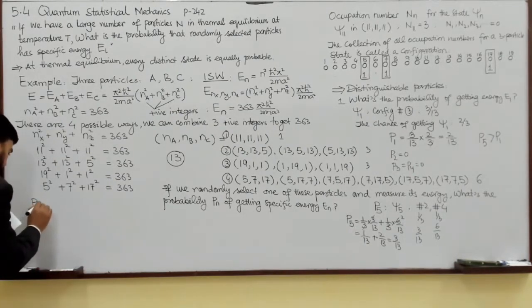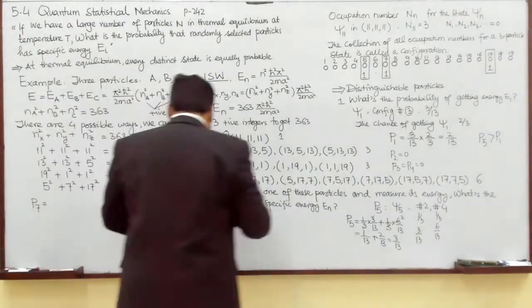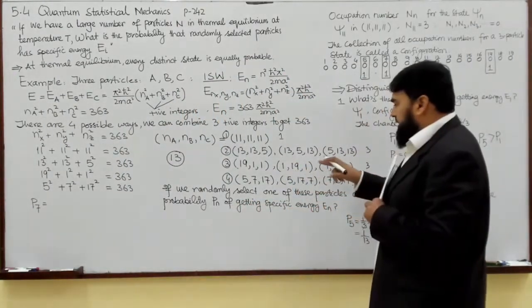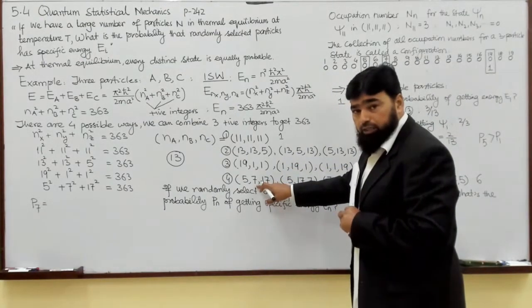Now I will calculate them directly, and P7, you know that what is the chance of 7 in the 3 particle system?